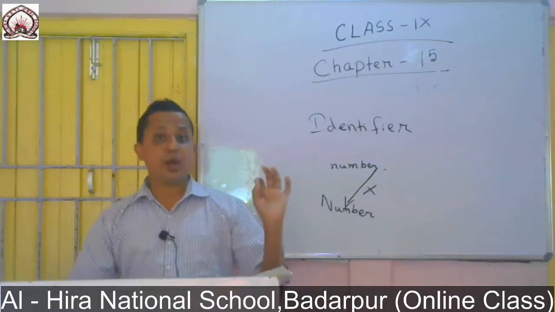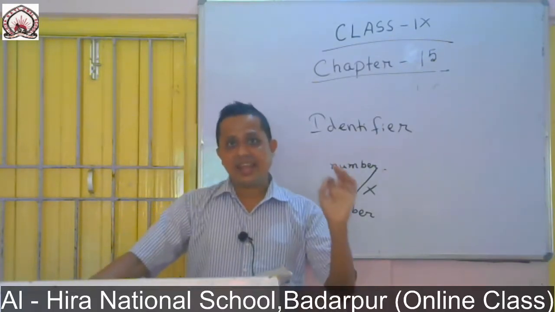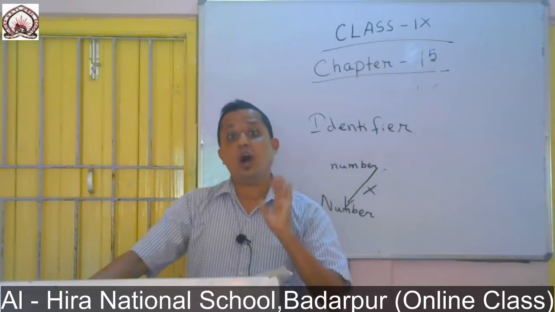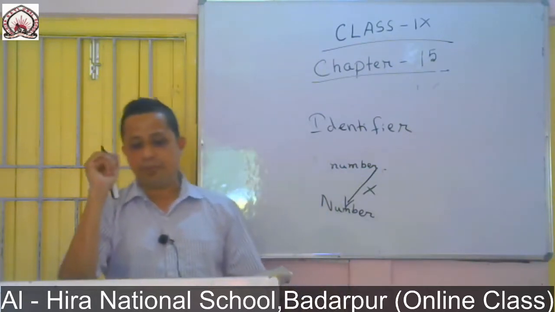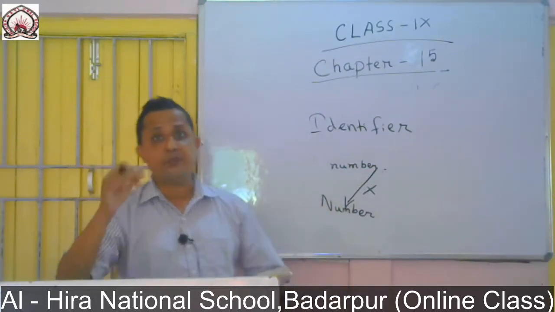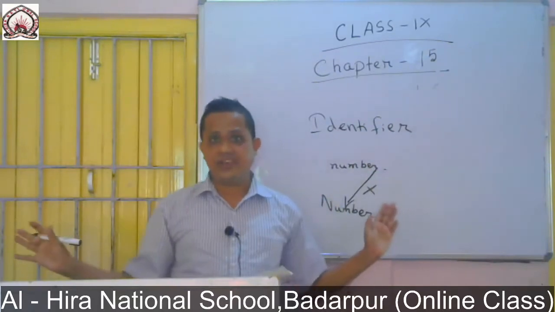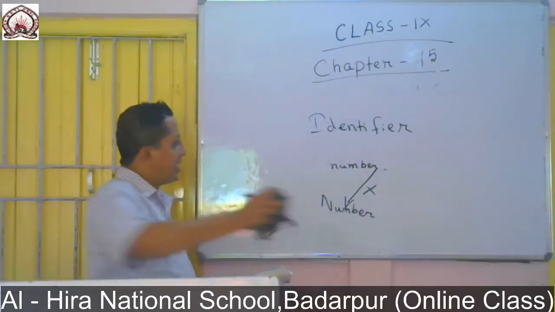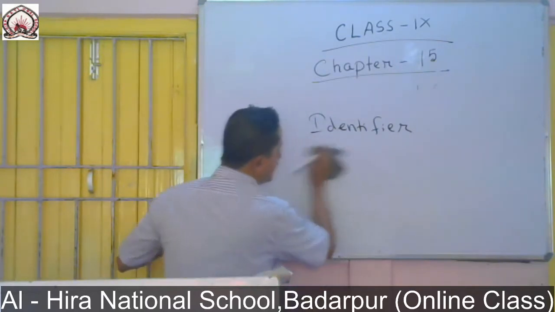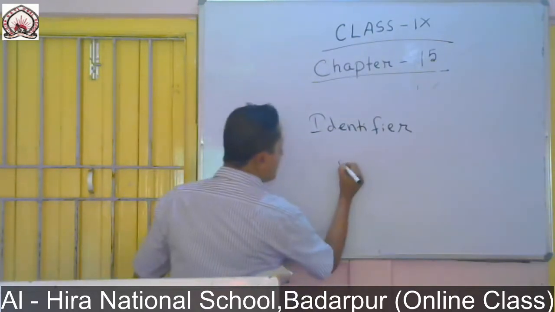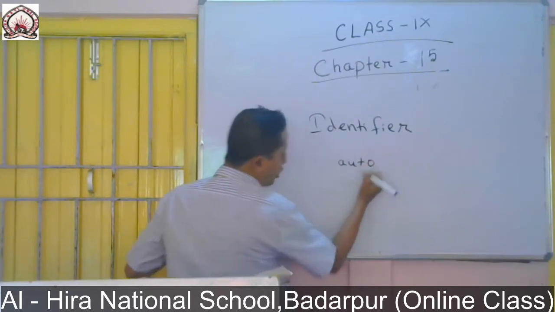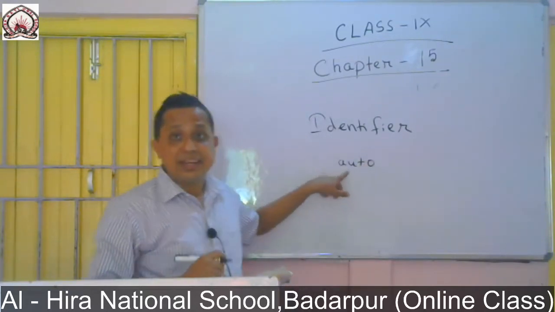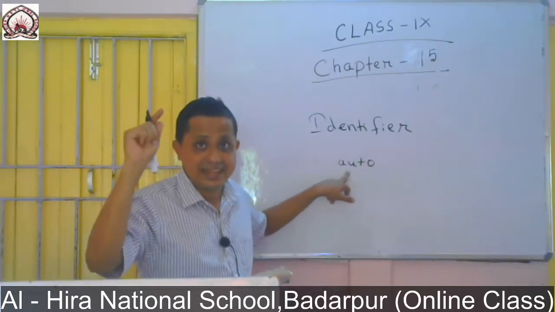Identifier, this is very important. The identifier name cannot be the name of a keyword. Now in your book, in table number 15.2, we will find 32 keywords are given. Suppose the name is "auto". Auto is a reserved word in C, it is a keyword.